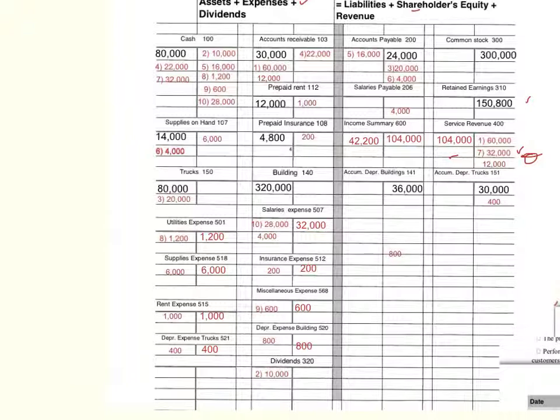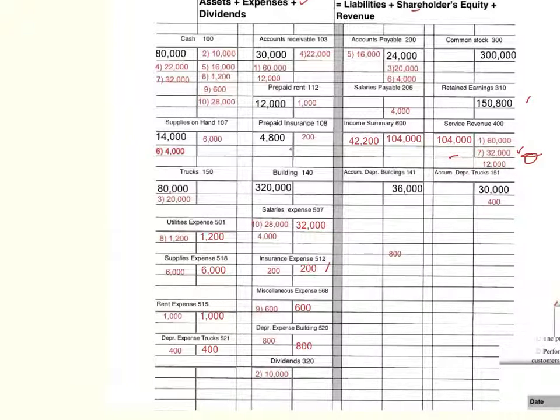I record a credit to each one of the expense accounts. Credit salaries expense $32,000. Credit insurance expense $200, miscellaneous $600, depreciation, rent, supplies, as you can see, and I debit then Income Summary $42,200.